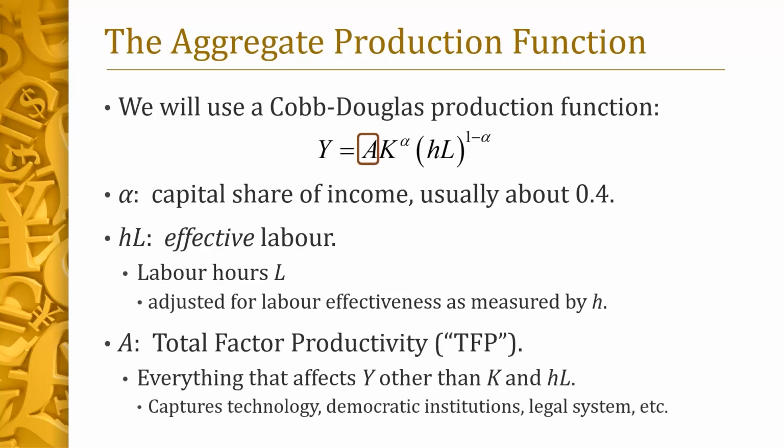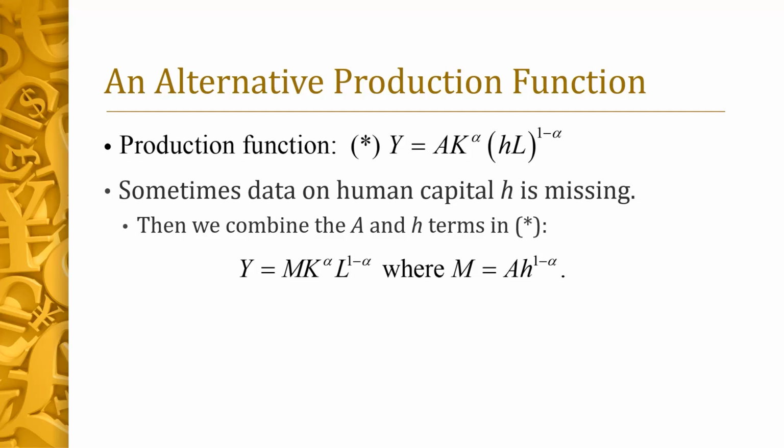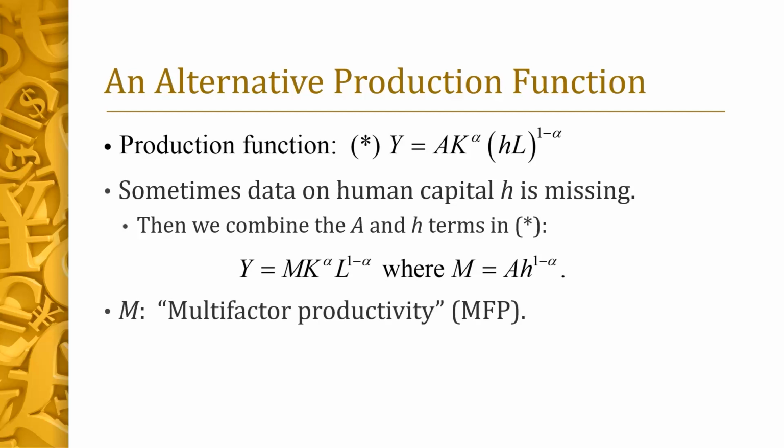TFP-A captures such factors as a country's technological development, the strength of its democratic institutions, the protections of its legal system, and so on. In practice, data on human capital H is sometimes missing. In this case, we can combine TFP-A with the term involving human capital H to obtain a new variable, M. M is known as multifactor productivity, or MFP.